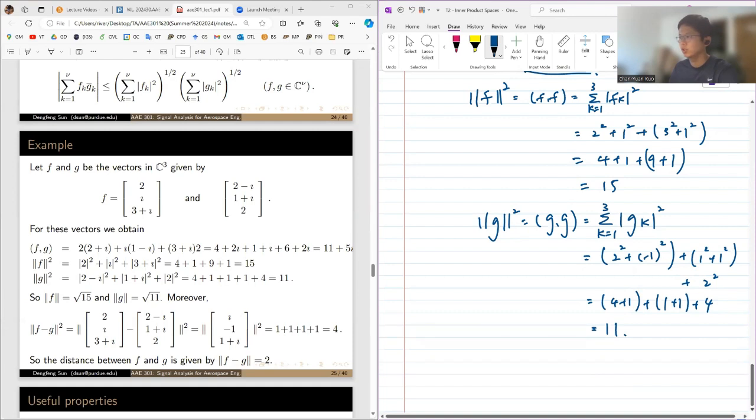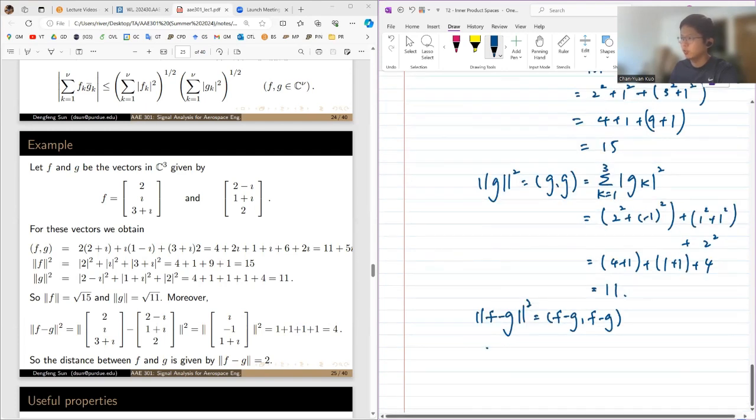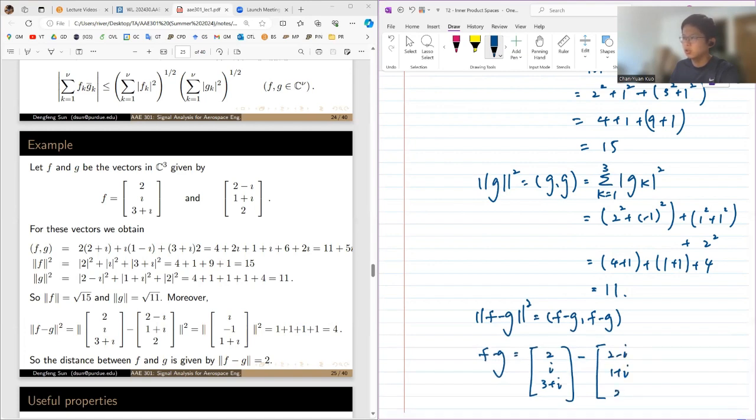We can also compute the squared distance between f and g, and that's essentially just going to be the inner product of f minus g and f minus g. First, let's compute what f minus g is. f minus g is going to be (2i, 3 plus i) minus (2 minus i, 1 plus i, 2), and that's equal to (i, negative 1, 1 plus i).